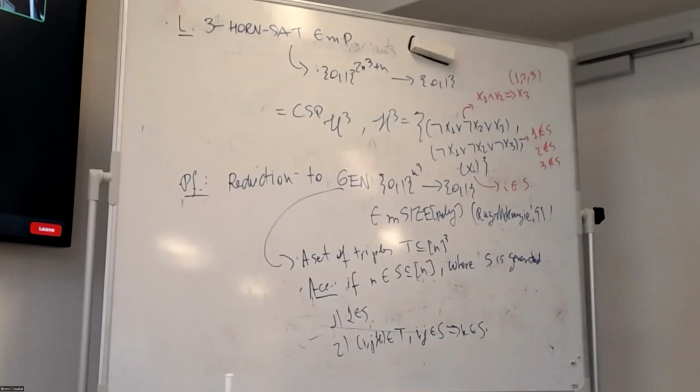Let's see. Why do you have the negated one? I'm also wondering why you need the clause with 3 negations. I don't. Oh, because otherwise it will always be satisfied, right? If they're all variables set to true, otherwise it's a very boring thing.